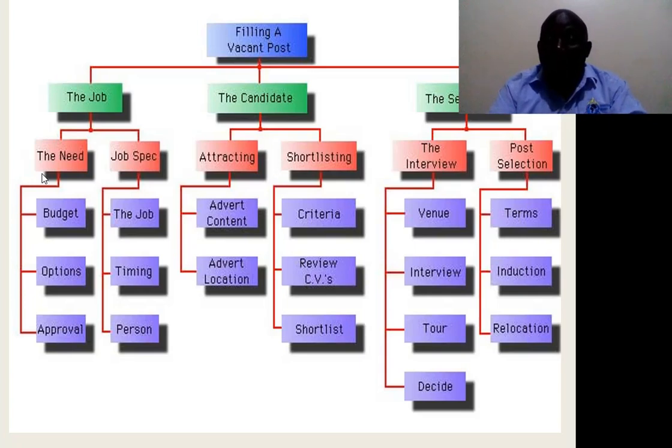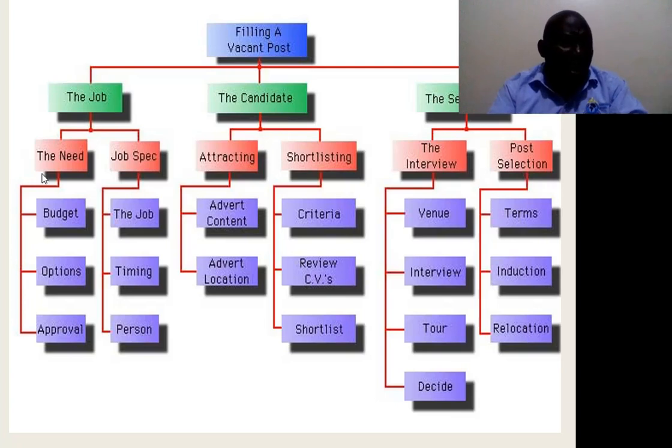Once a decision is made, you set the terms of work, the terms of reference. You must induct the person who has been employed, and then probably relocate them, post them, and give them where to stay. So this could be one of the many examples of a work breakdown structure.